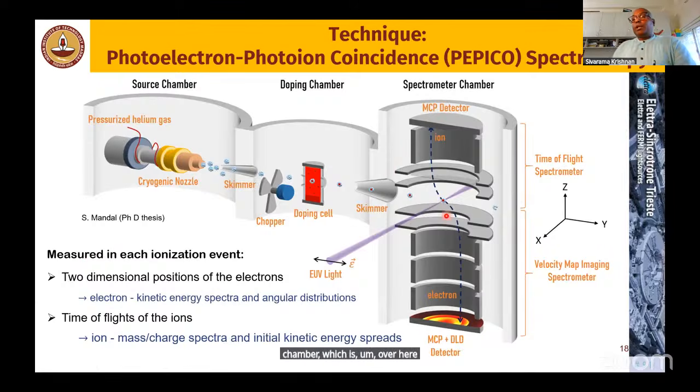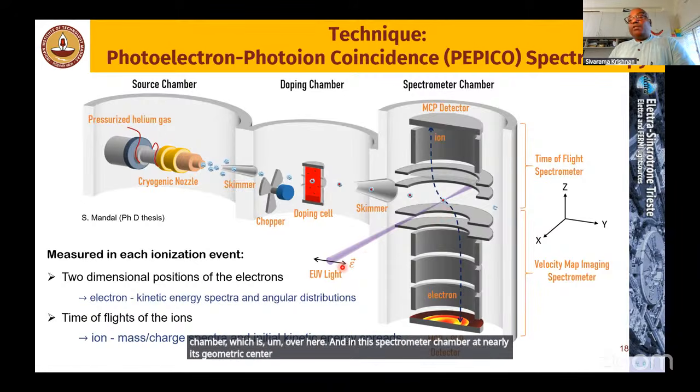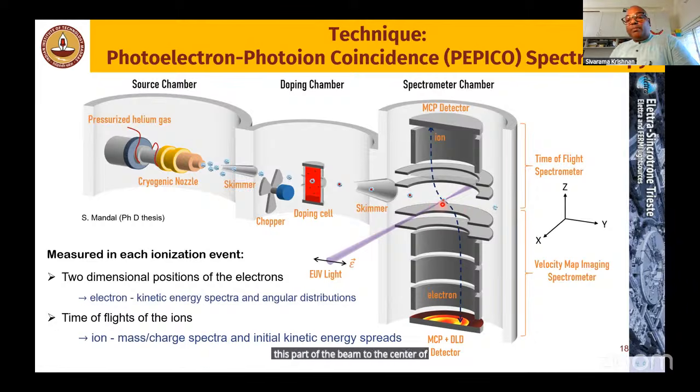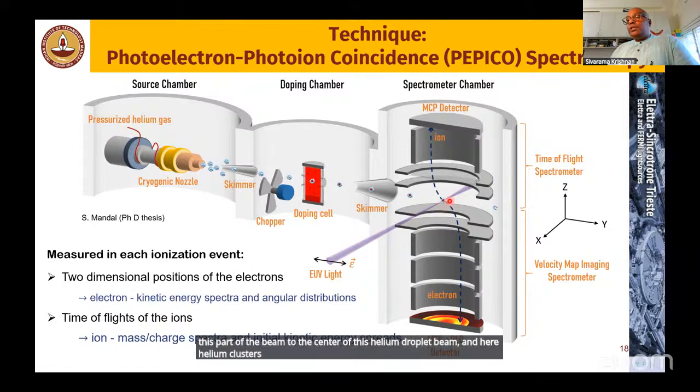And in this spectrometer chamber at nearly its geometric center, in our case, we come with extreme ultraviolet synchrotron light, which is focused geometrically to the center of the chamber axis, also the spread of the beam to the center of this helium droplet beam. And here helium clusters, almost always just one cluster per synchrotron pulse interacts with it at a time.